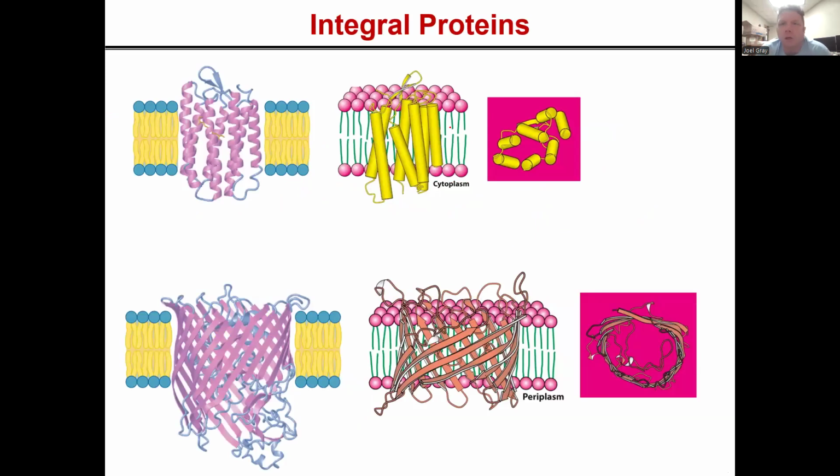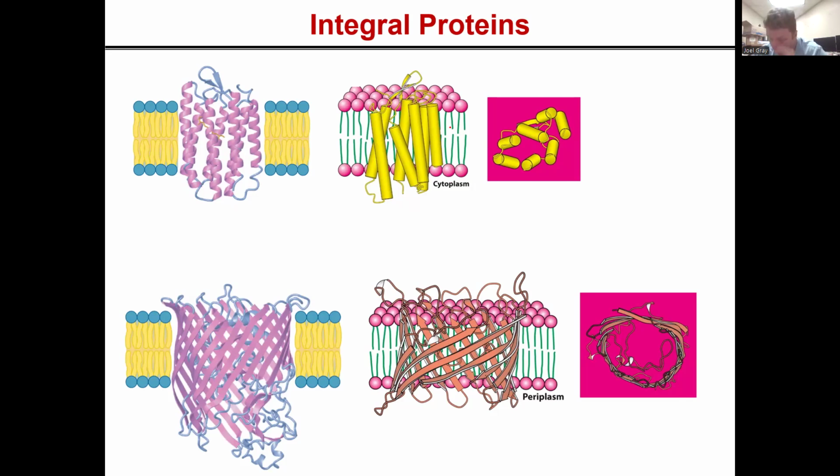Your integral proteins are kind of complicated. We've got a couple of models here, and the top models are alpha helices. These alpha helices make up this structure that is embedded within the membrane. And then the bottom proteins are basically a beta barrel structure.